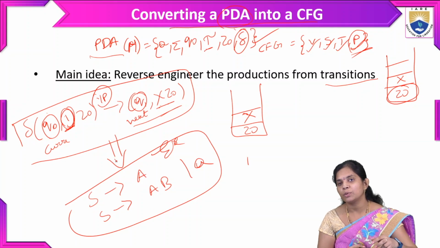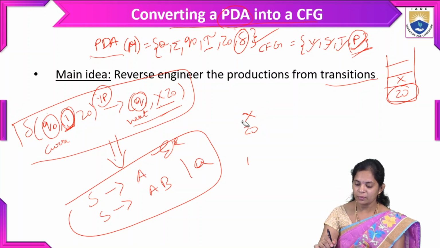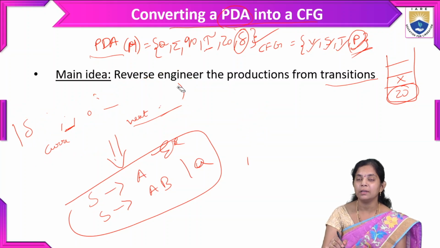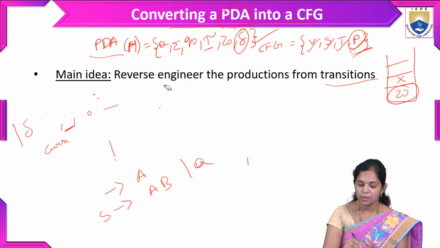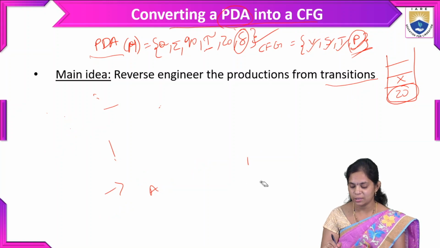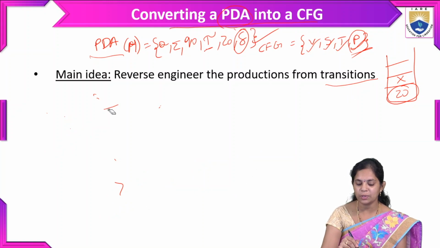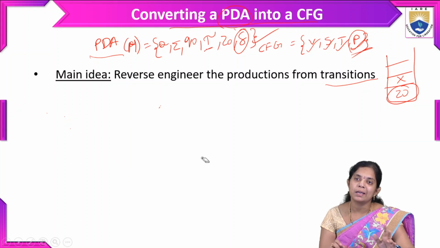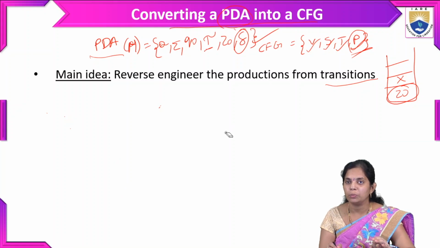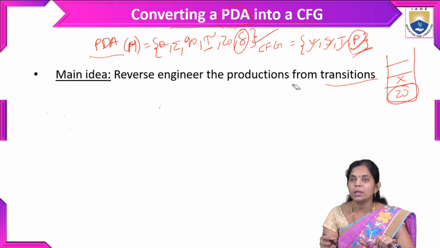So what is the procedure, we will see: how to convert these transition functions into productions. The main idea is reverse engineering the productions from the transitions. Previously, in the previous videos, we discussed the conversion from context-free grammar to a pushdown automata. Here, based on that procedure, it is a reverse engineering. From the transition functions, we need to convert to productions.